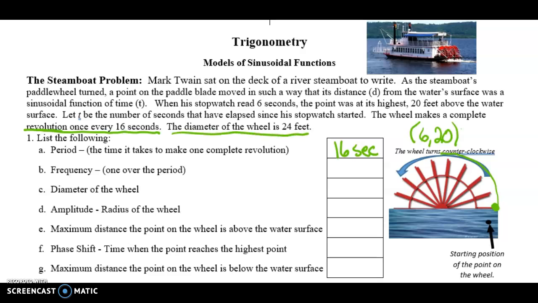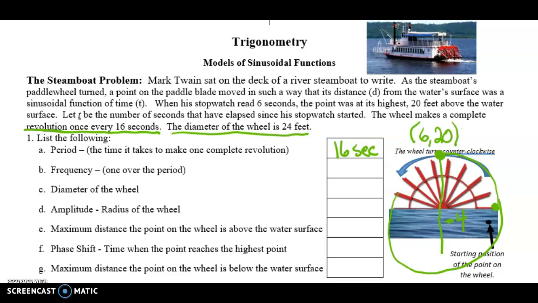So if the diameter of the wheel is 24, and at this high point the wheel is 20 feet above the water surface, that means that the wheel goes below the water surface 4 feet. So this is 4 feet below. This is -4 as a coordinate.